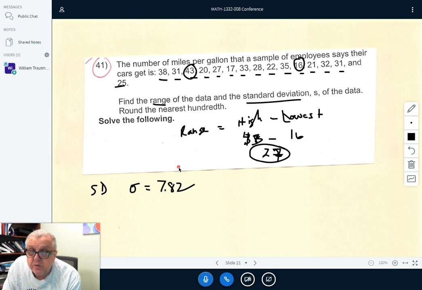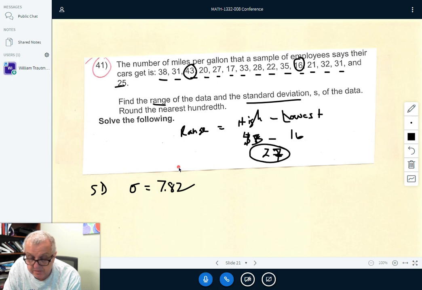38, 31, 43, 20, 27, 17, 33, 28, 22, 35, 16, 21, 32, 31, and 25.